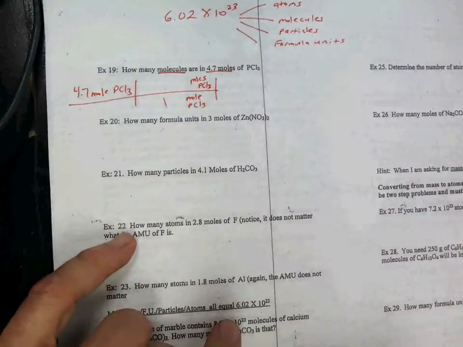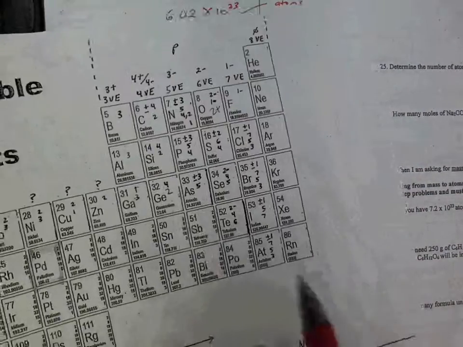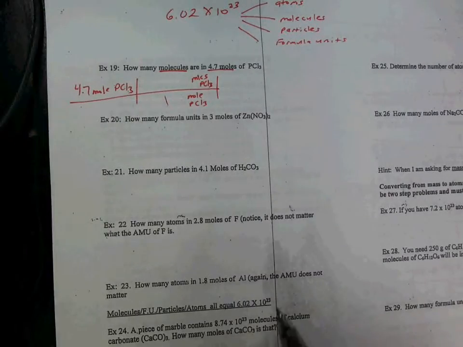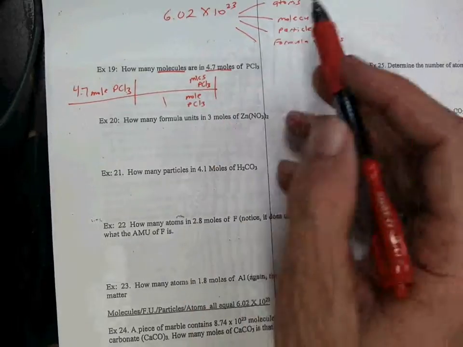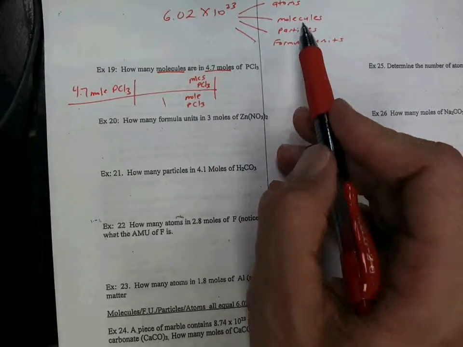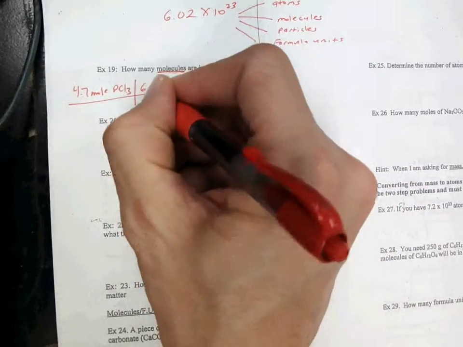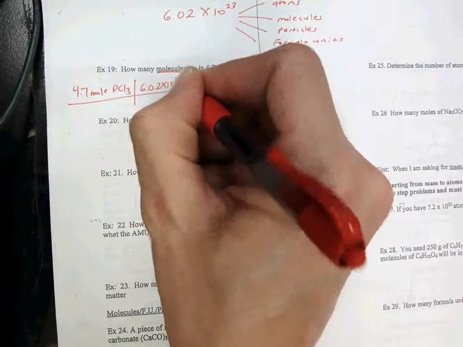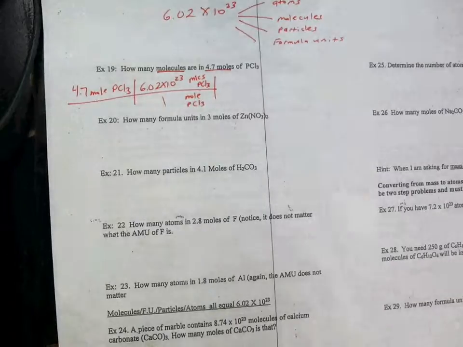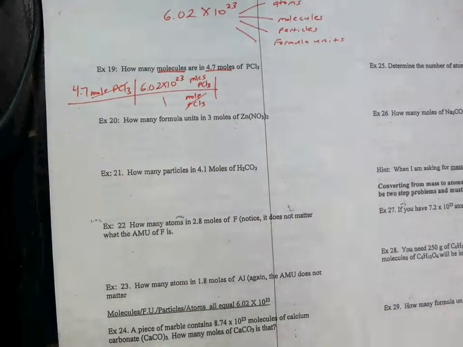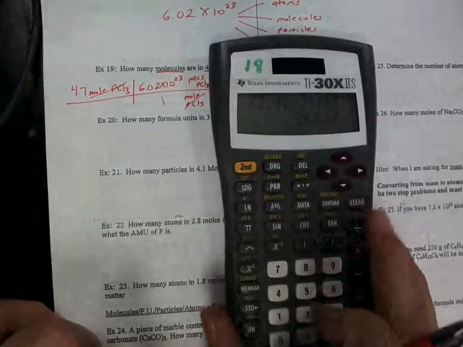Well, again, if I don't know the number for mole, I'm going to put a 1. But instead of looking at the masses of P and Cl3, I'm going to say, wait a minute. I remember that Mr. Stewart said that molecules are this number right here. So I'm going to put 6.02 times 10 to the 23rd right there. Now my moles cancel and I'm left with molecules.